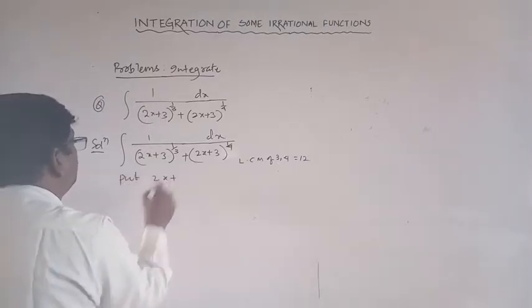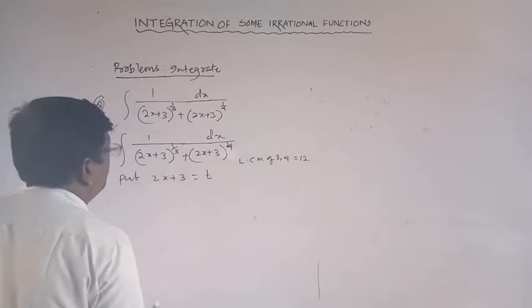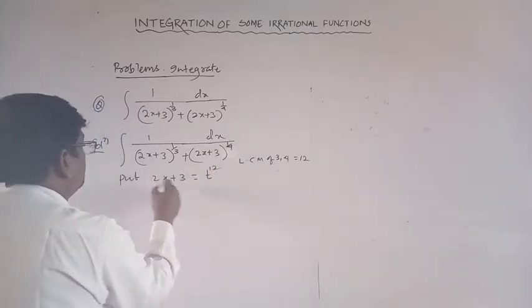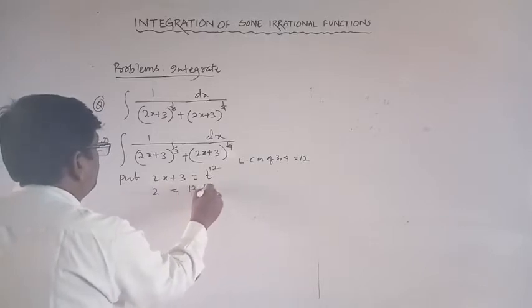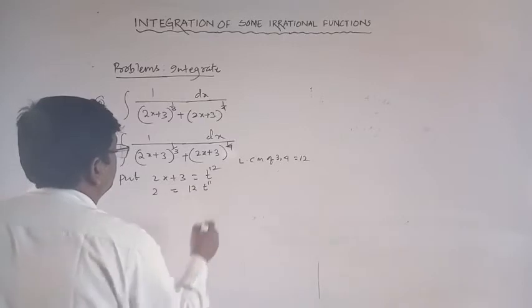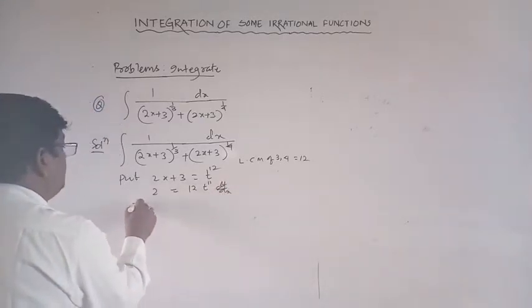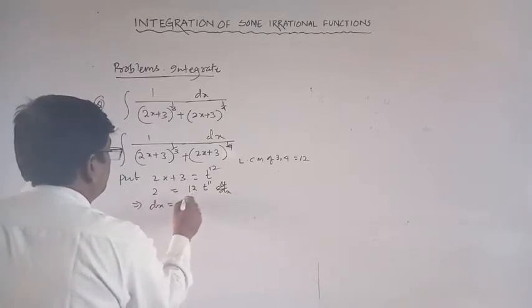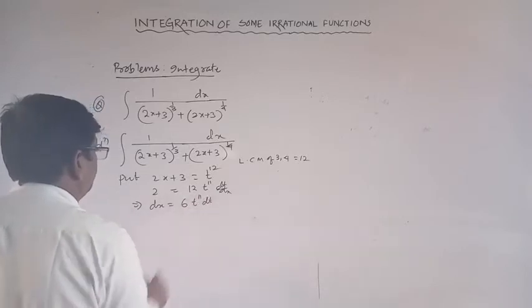So put 2x plus 3 is equal to t to the power 12. So 2 into dx by dt, differentiate: 12 into t to the power 11 dt by dx, and dx is equal to, cancel, 6 t to the power 11 into dt.